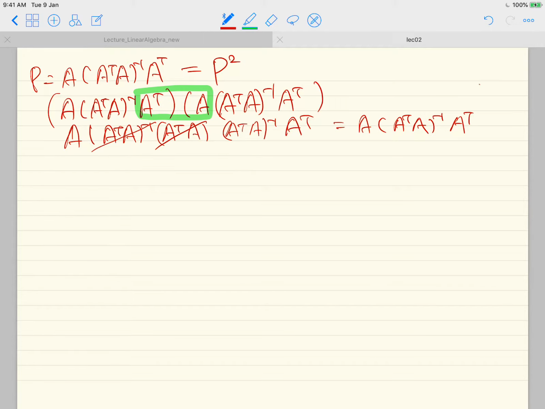So this is our original matrix P, and we can easily prove that P squared is P.